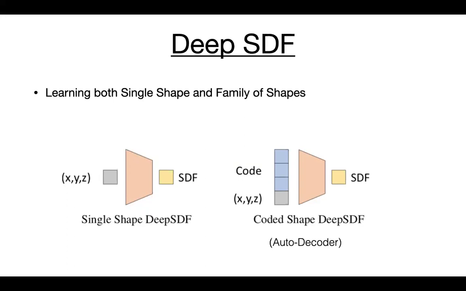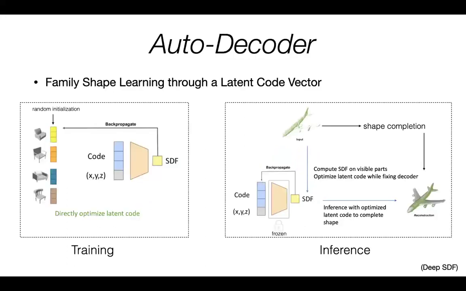So what's an autodecoder? An autodecoder is going to learn a shape family through a latent code vector. But the idea is that the autodecoder trains the code itself. It's not computed by an encoder. So you have your shape, the coordinates and everything, and then you do a random initialization of this latent code.